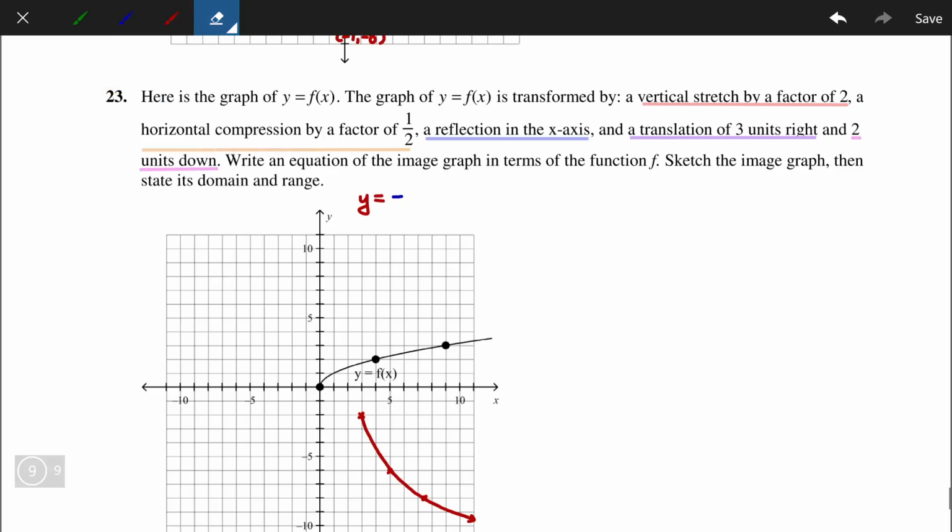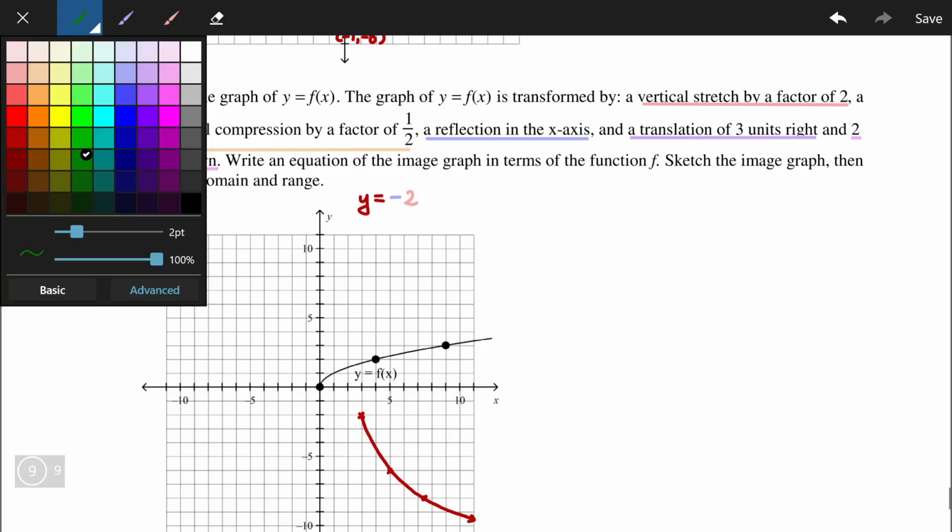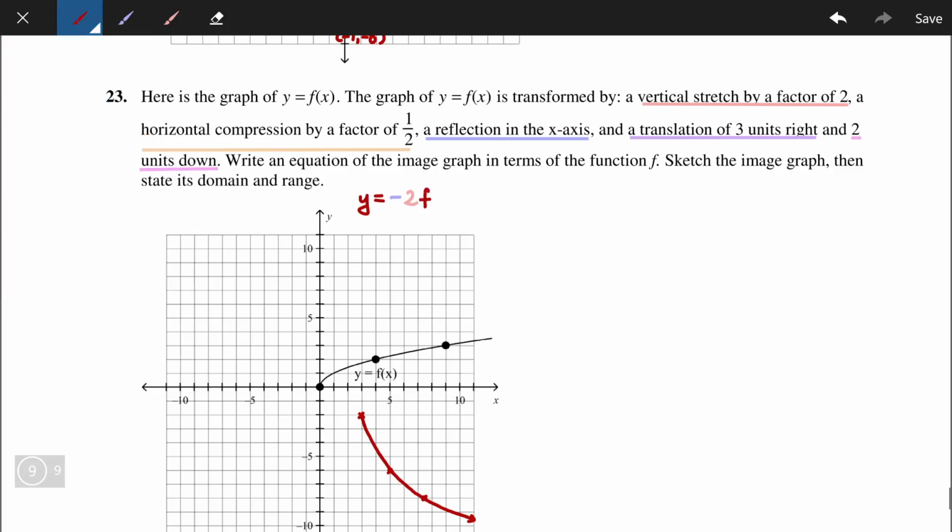Let's try to color match the transformation as we move from left to right in the function. So -2, and then f of, and then the b value is going to be 1/2. Oh, sorry, the b value would be 2.